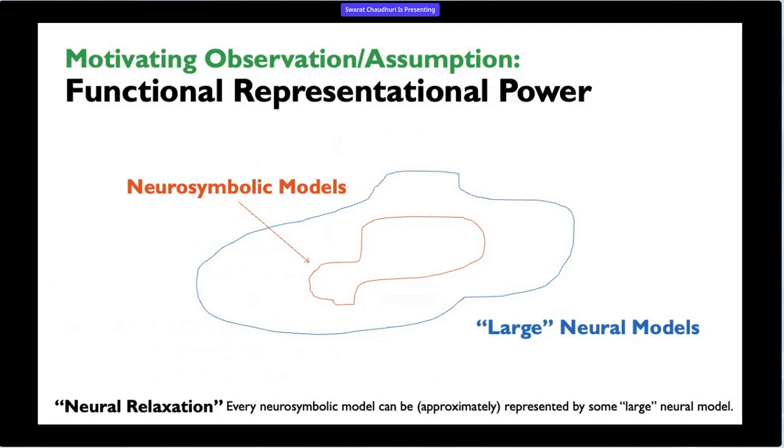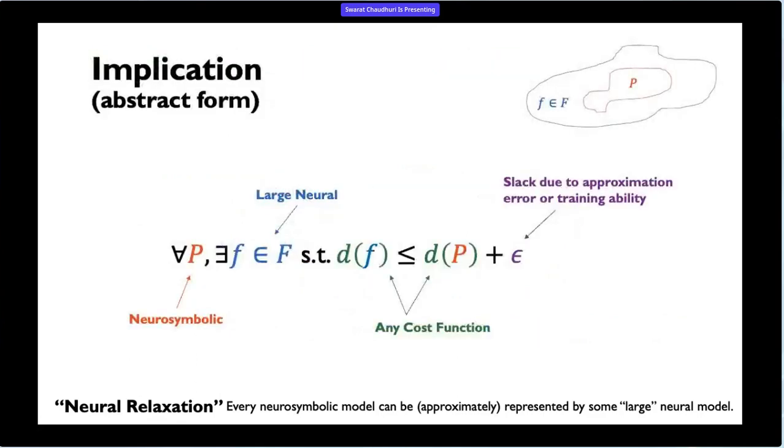So if the set of neural models is a strict superset of the set of neurosymbolic models, of models that now have all the strictures of having to adhere to this program structure, then what it means is that you can actually use that to get an upper bound on how good of an approximation you can get if you try filling that hole and you try completing that program, right?